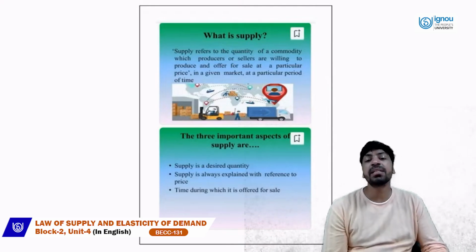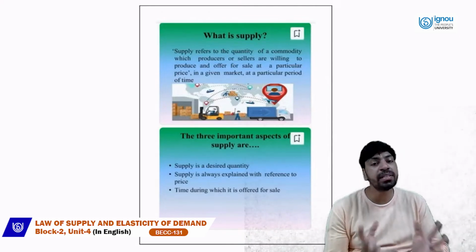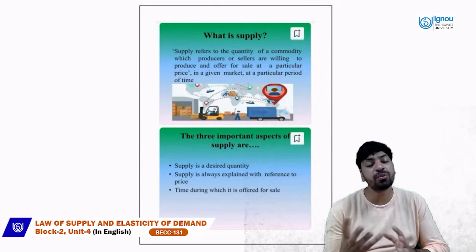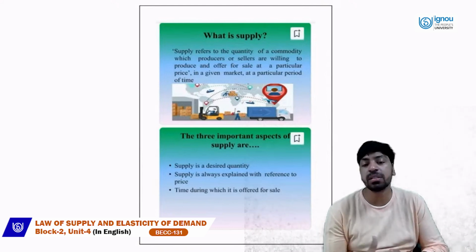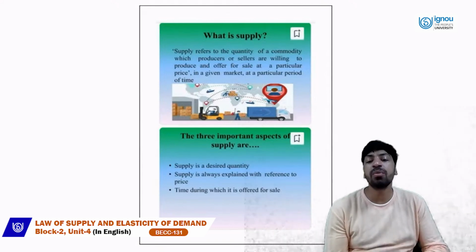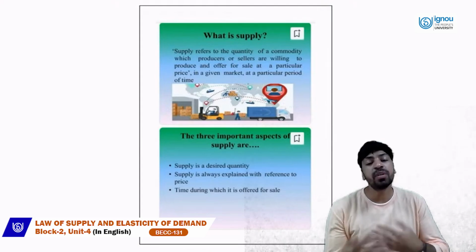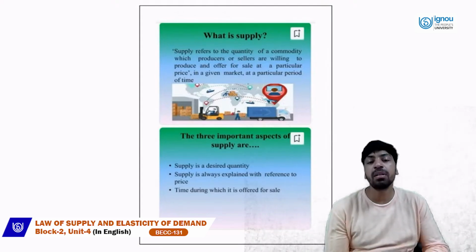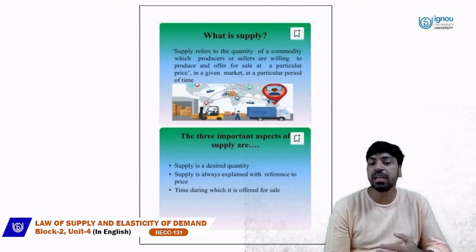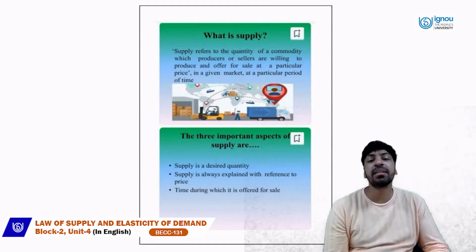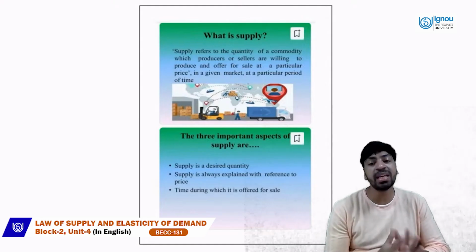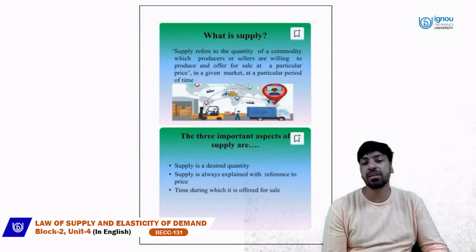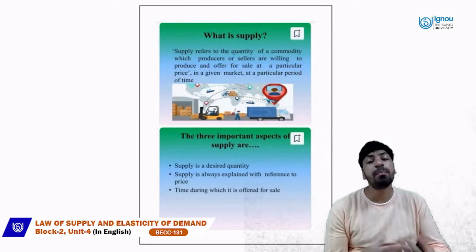The third aspect is time: whatever is offered for sale to the consumers during a particular period of time. That's the desired quantity, the reference to price, and the time period. These are the three main important aspects by which supply is defined.